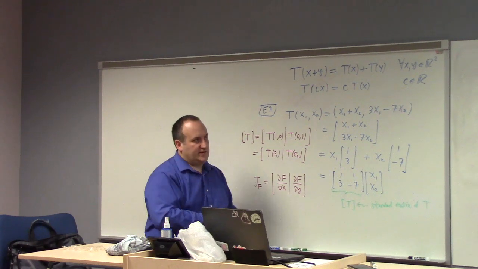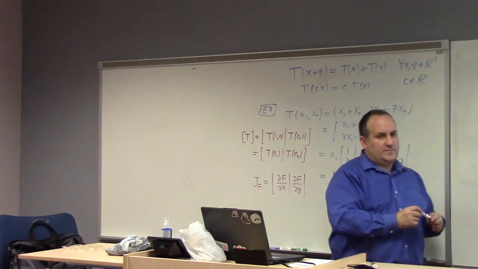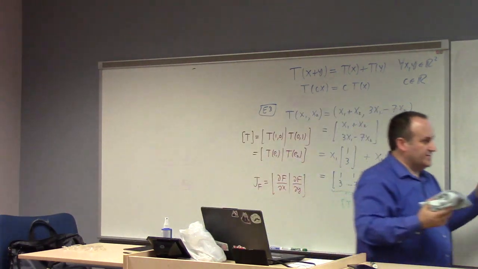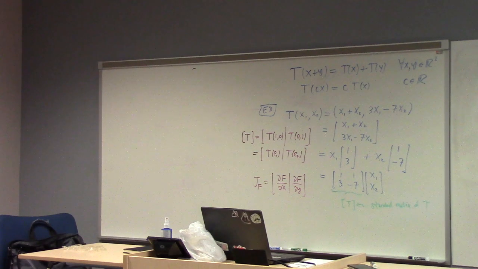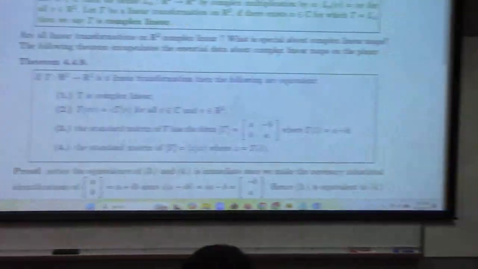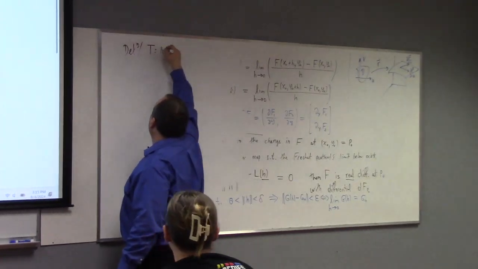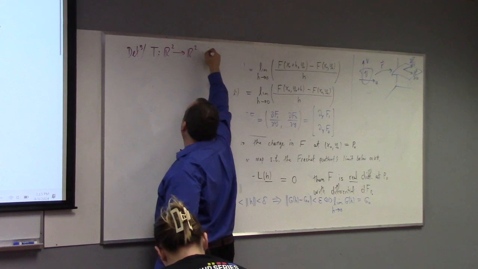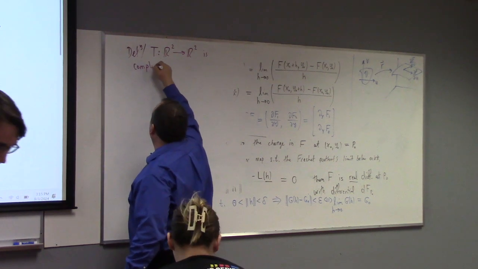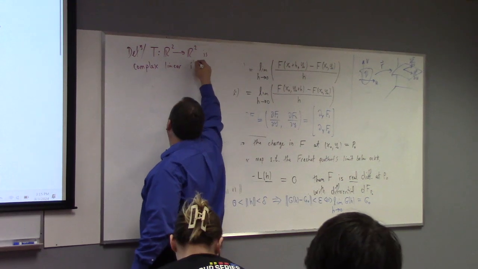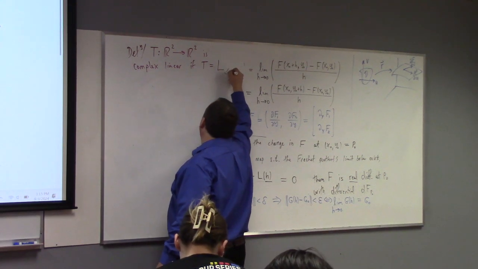But let's try to appreciate this theorem today. What does it mean for T to be complex linear? I have a definition that I skipped over because I'm forging ahead. To say that a function is complex linear means that you can write the formula by multiplication. Definition: T from R2 to R2 is complex linear if T is equal to multiplication by alpha.